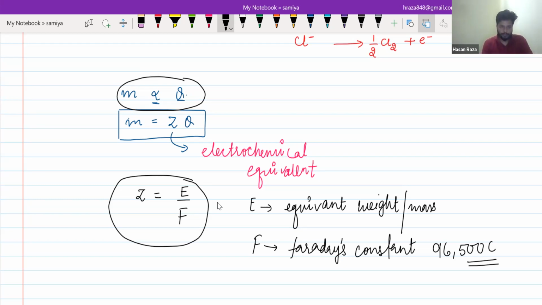Please write it. We can easily modify this formula. M is equal to E upon F into Q.